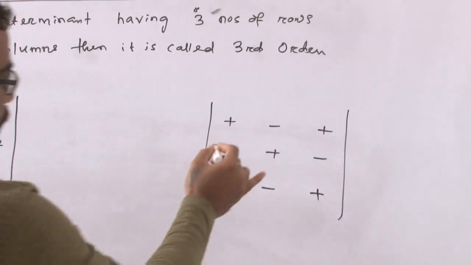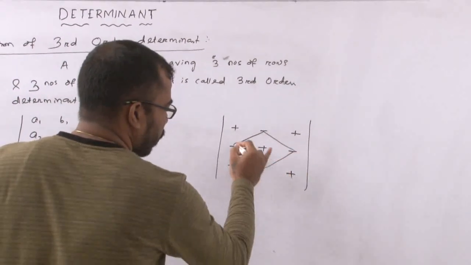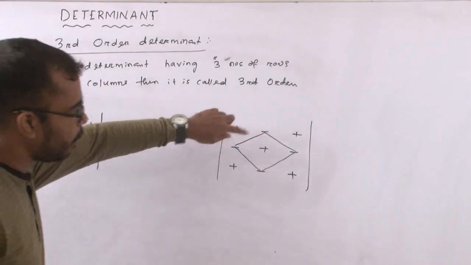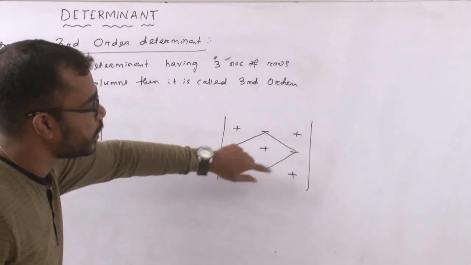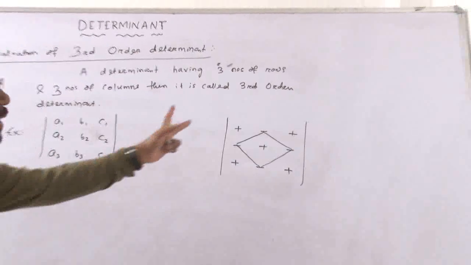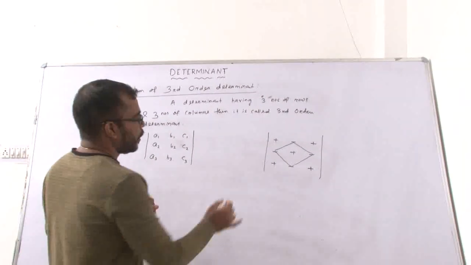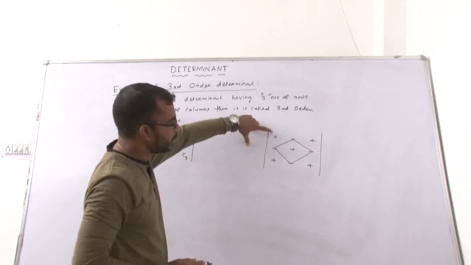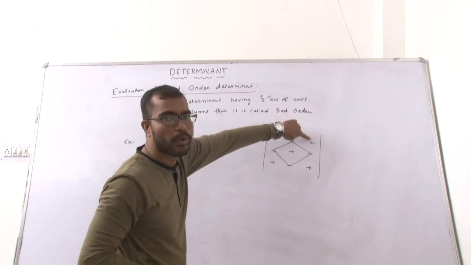So the sign of the elements follows this pattern. In the first row, the first element is positive, the second element is negative, and then positive.